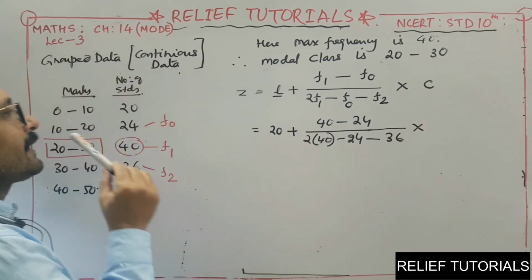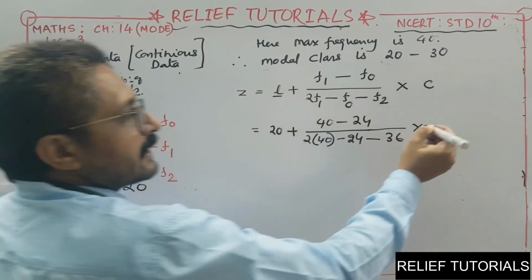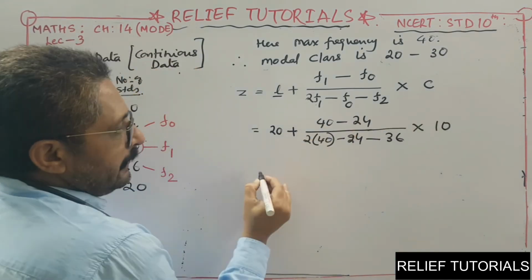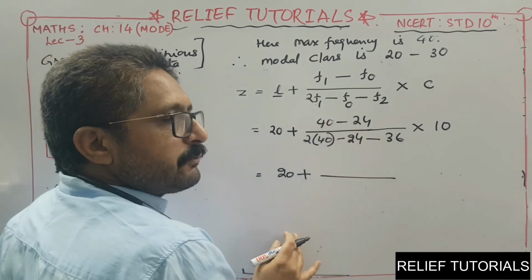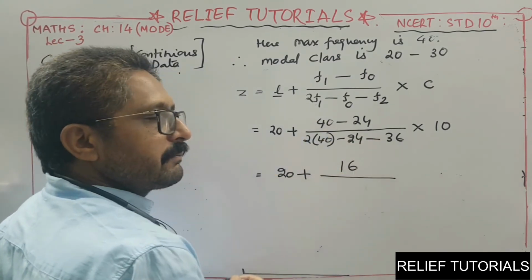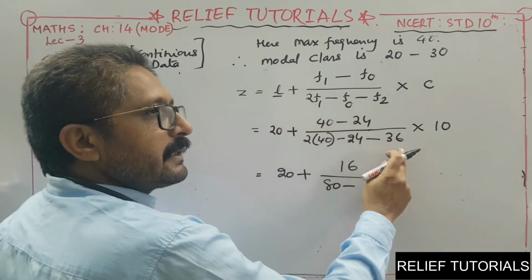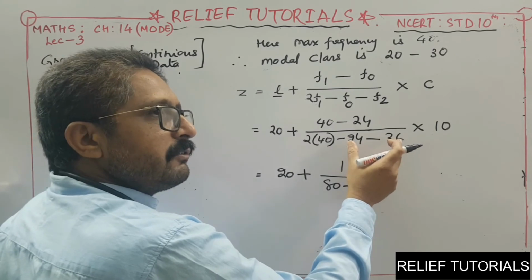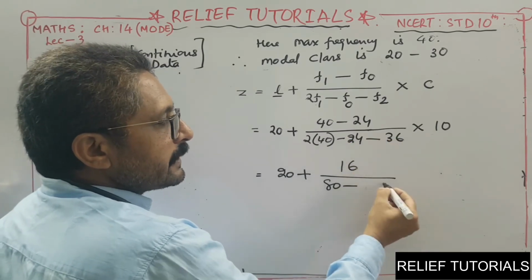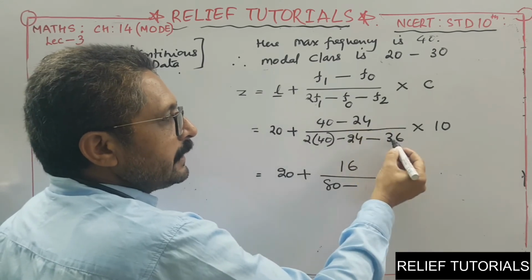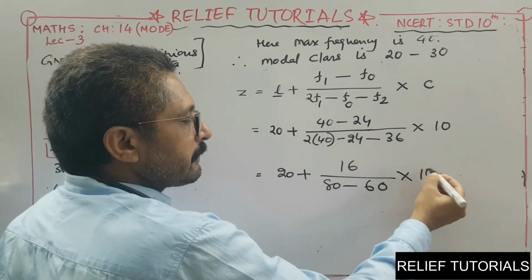I told you how to find class length: 10 minus 0 is 10, so the class length is 10. Now 20 plus 40 minus 24 is 16, over 2 times 40, 80, minus 24 minus 36. Both are negative, so we add them and give the negative sign: 60, into 10.